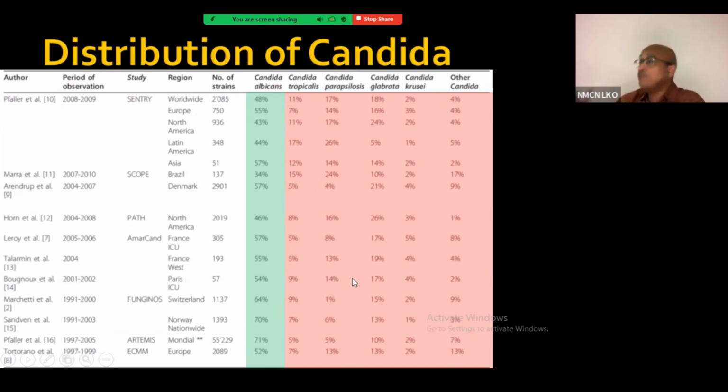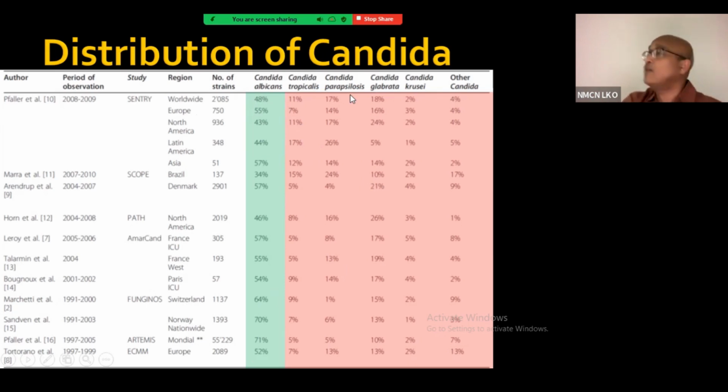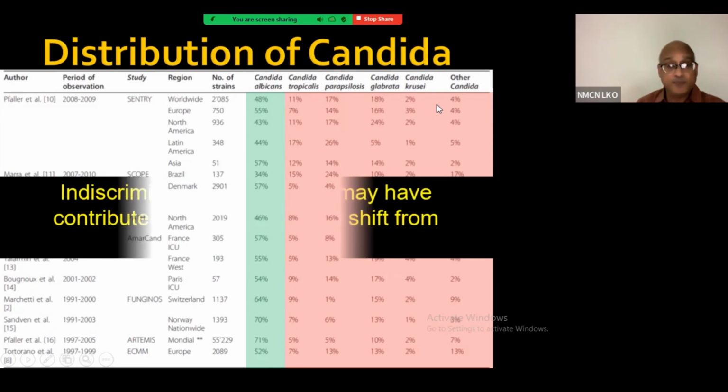So with time and with rampant use of some of the azoles that I and you write left and right, specifically for cancer patients, because we are writing prophylactic regimens, it is changing the pattern because you are killing the albicans, so the non-albicans is on the rise. So this pattern is being observed to be changing. And among the non-albicans, you'll find tropicalis, parapsilosis, glabrata, krusei, and other Candida species.